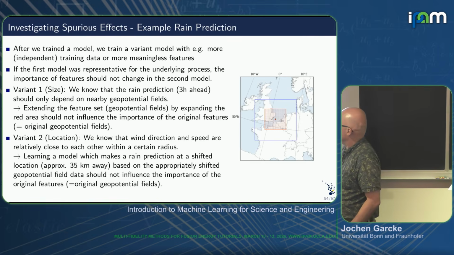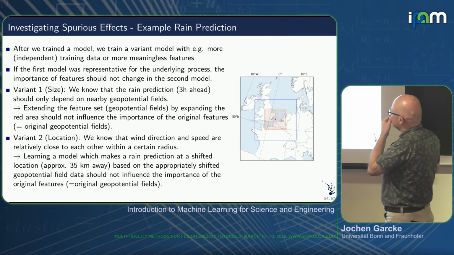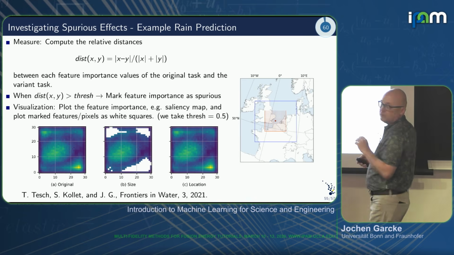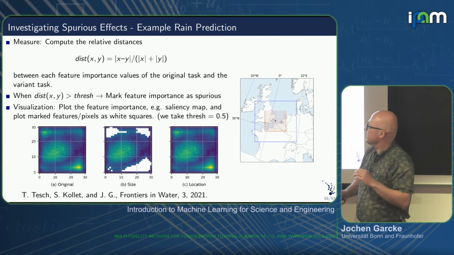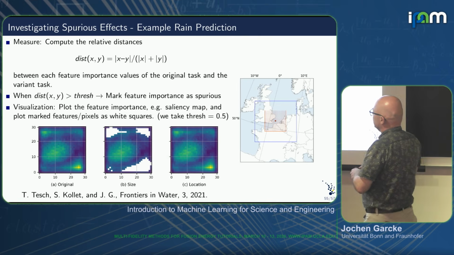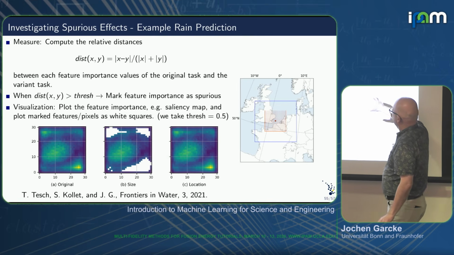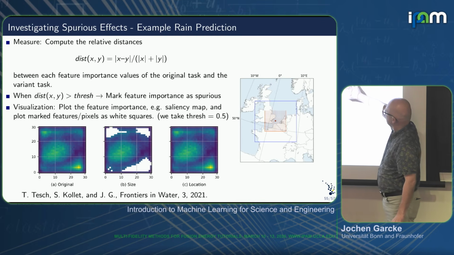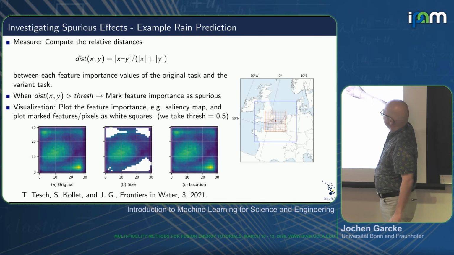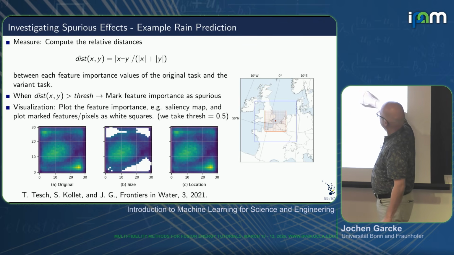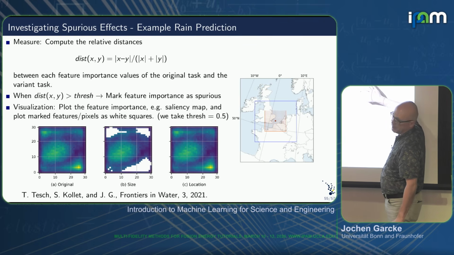Let's go just here, to not explain in detail, so we can finish reasonably in time. What we did here is learn a predictive model for rain prediction on this area and on this area, and then we drilled down to this area.